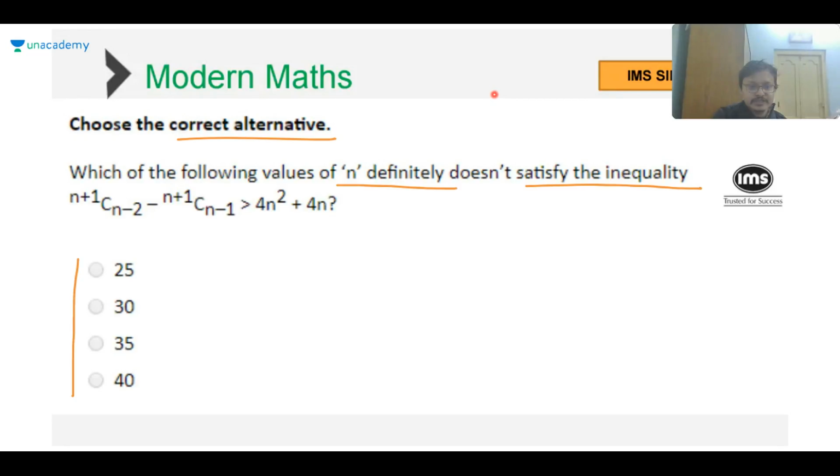So I got three different answers to this question. So anybody, how do we solve this? Anybody, how do we solve this question?